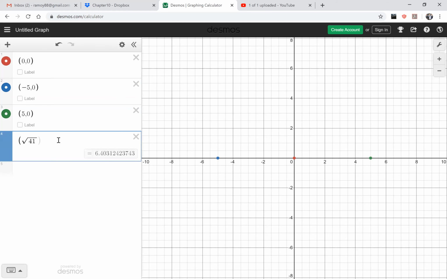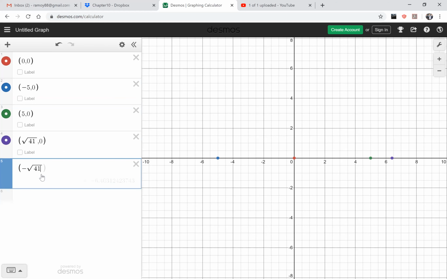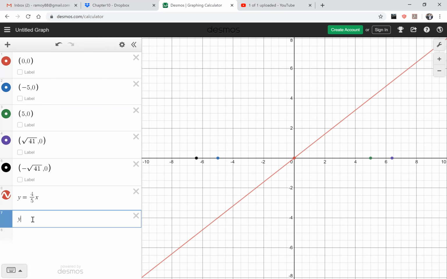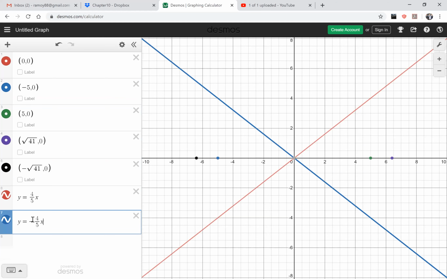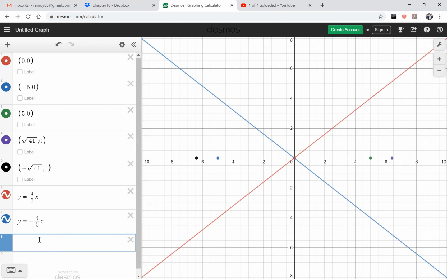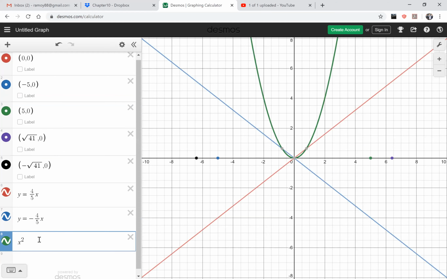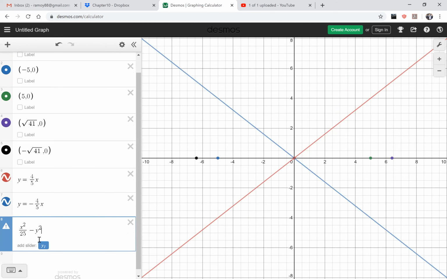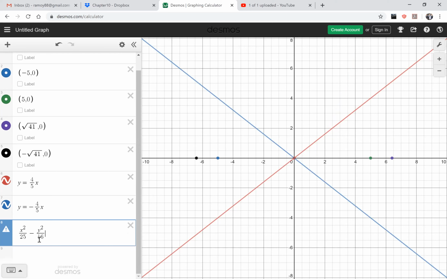We have the foci. And we have the asymptotes. Now it's time to graph the hyperbola. x squared over 25 minus y squared over 16 equals 1.